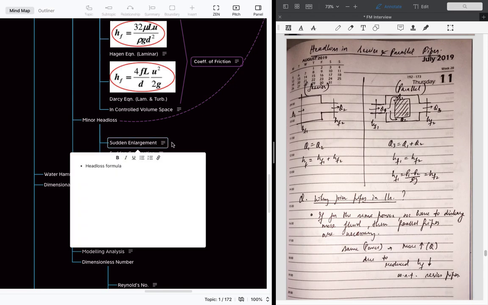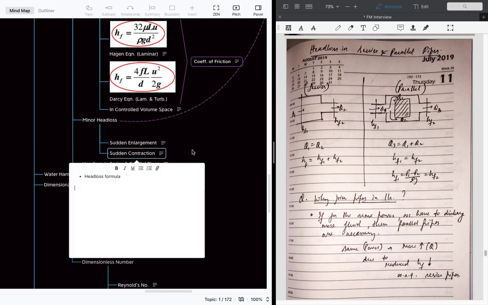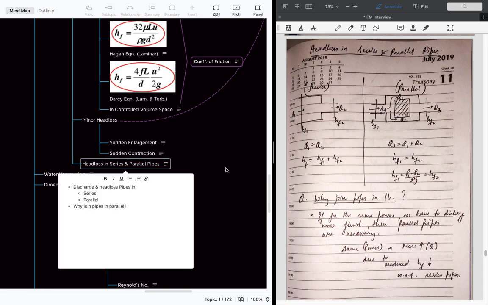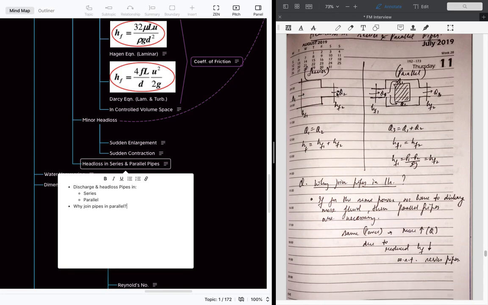Next is the head loss formula in series and parallel pipes. In series pipes, you can see that the discharge is the same, but the head loss is added up, H1 plus H2. But in parallel pipes, the discharge Q3 is Q1 plus Q2, but the head loss is the same, H1 and H2 are the same.